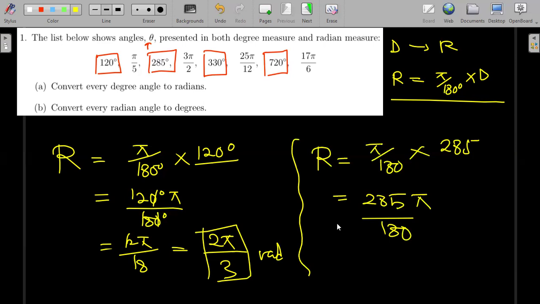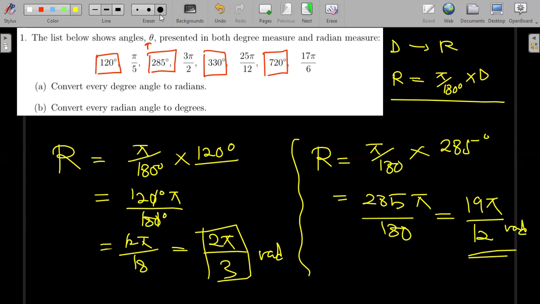Let's try 15. 15 into 285, I'm getting 19 pi. And 15 into 180, 180 divided by 15, I'm getting 12. So this means that 285 degrees is the same as 19 pi over 12 rad.